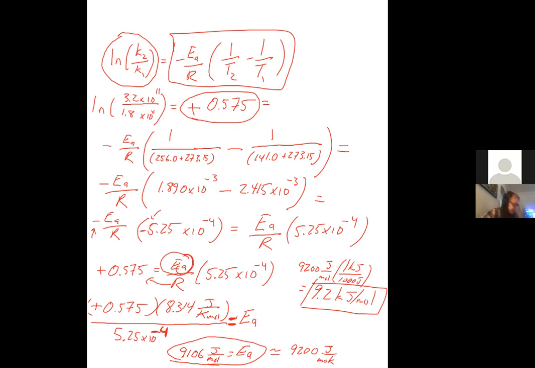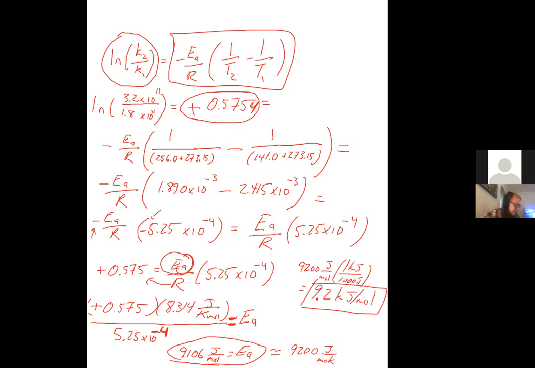3.2 divided by 1.8 equals, take the natural log, 0.575. 4. I guess I'll leave an extra digit there. Make that a 4. Man, that's so close. That would be a frustrating thing if you got it wrong just because you put 9.2 instead of 9.1.